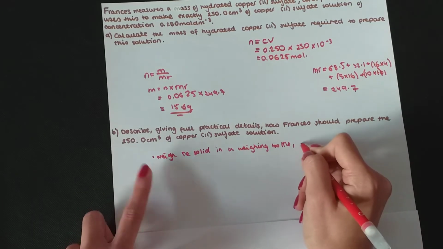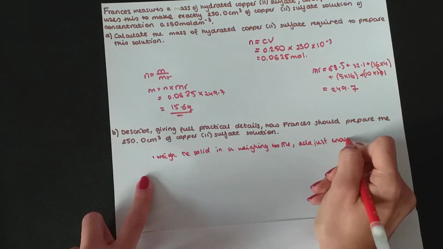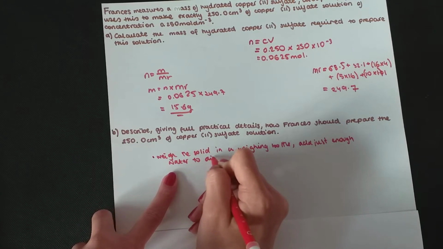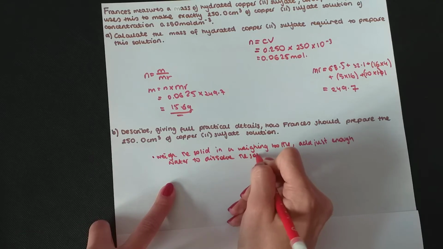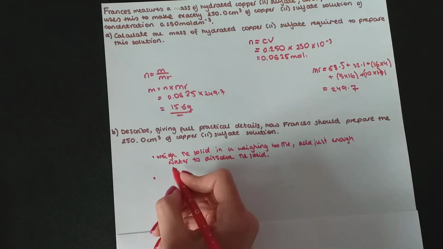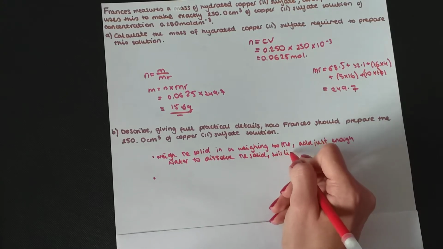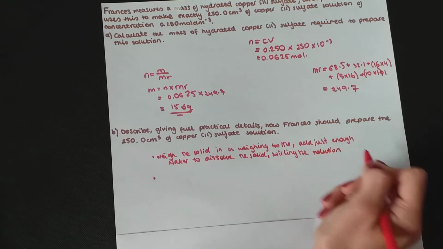Then we always add just enough water to dissolve the solid. We don't give a lot of water, just enough to dissolve it, so just a little bit. Then of course we have to remember to swirl the solution as well.